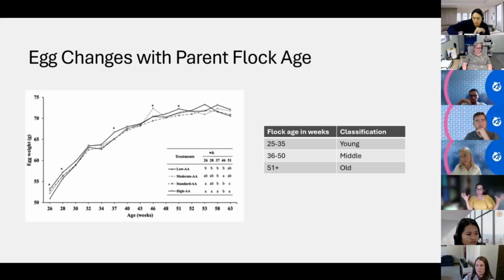So these are broad classifications that we manage, and that's how we classify the different kinds of flock. We try to provide different conditions for young flock, different conditions for middle flock, and different conditions for old flock.